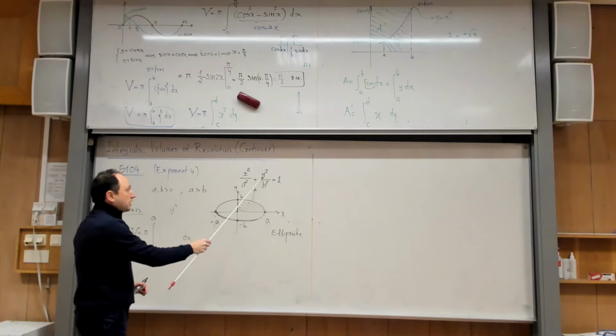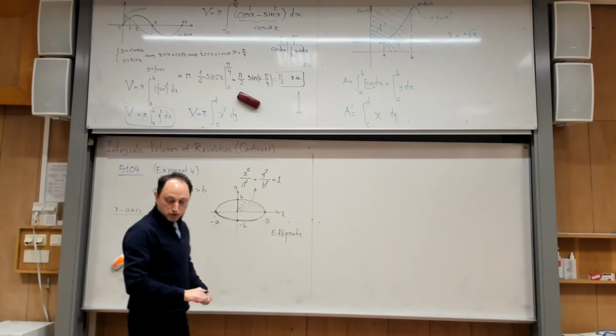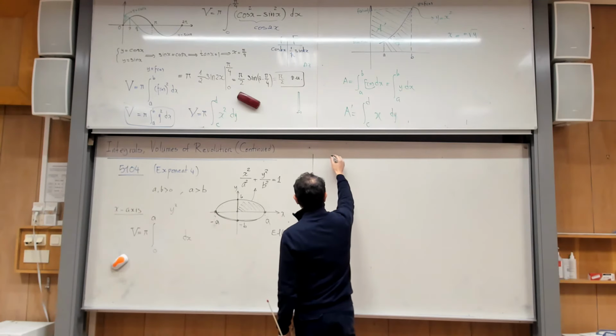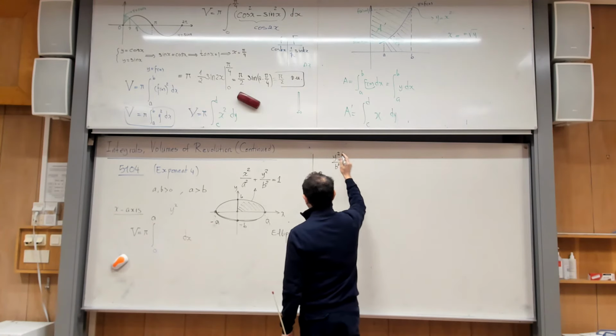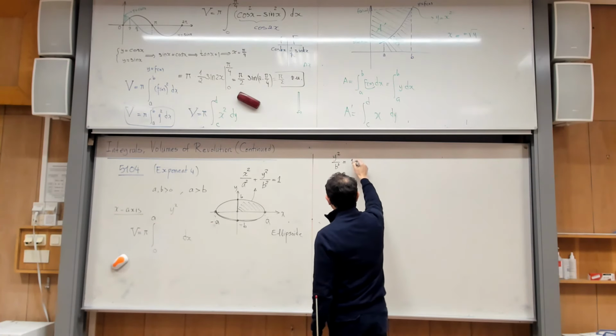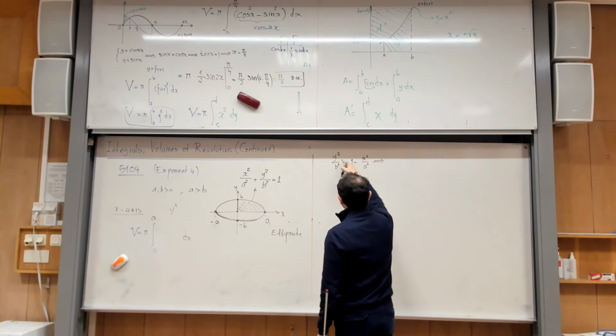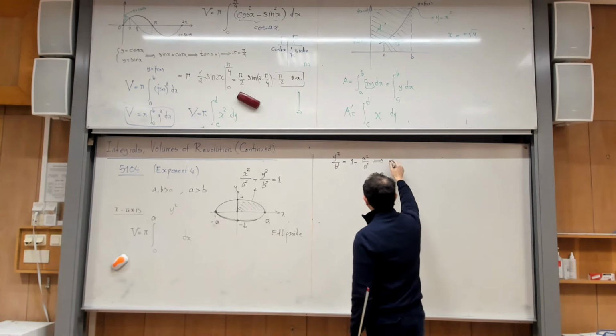So I want to find y squared here. So what I do, I will take this one and move it to the other side. So it becomes y squared over b squared is equal to 1 minus x squared over a squared. But I want to find y squared, so I multiply everything by b squared.